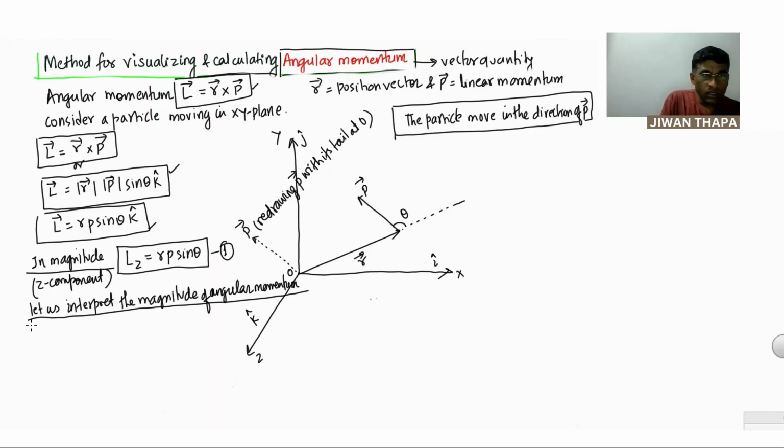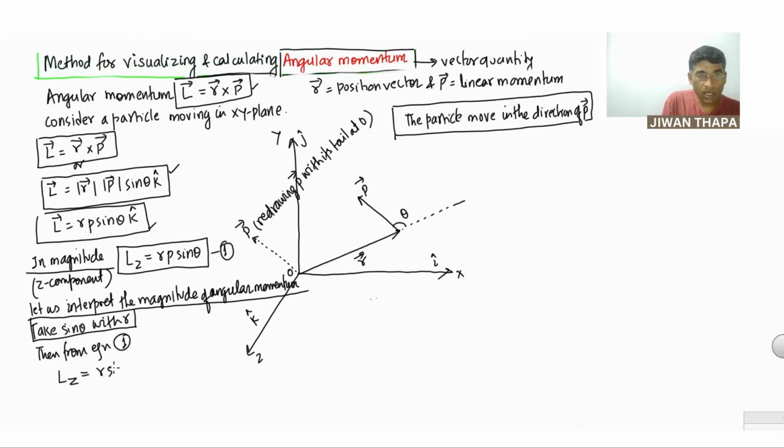Now let us take or associate sine theta with r. Then from equation 1 we can write Lz equals r sine theta. I am taking r sine theta inside the bracket, and we have P. Now let's call it equation 2.